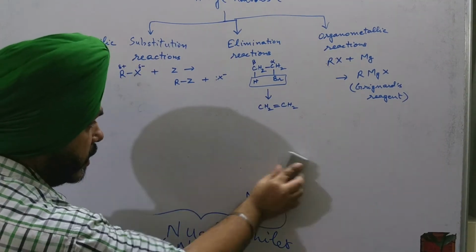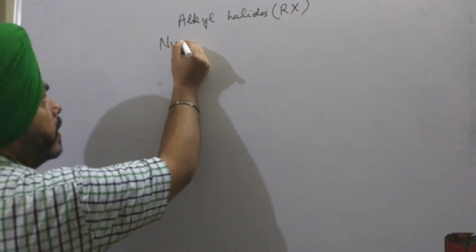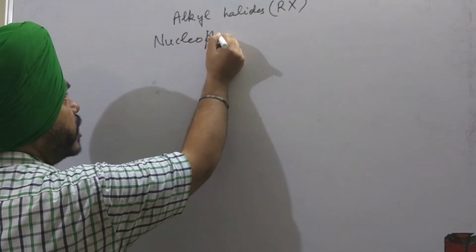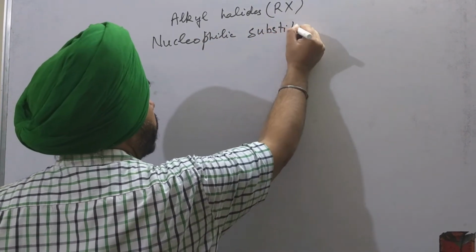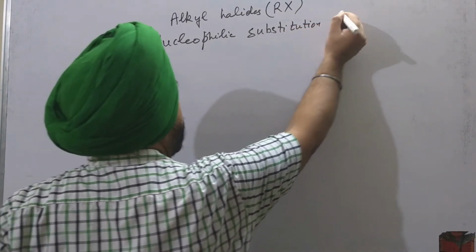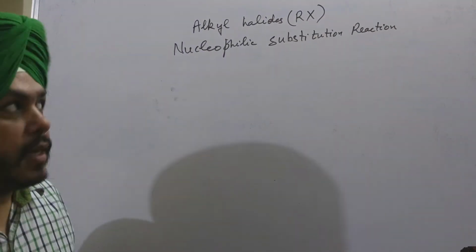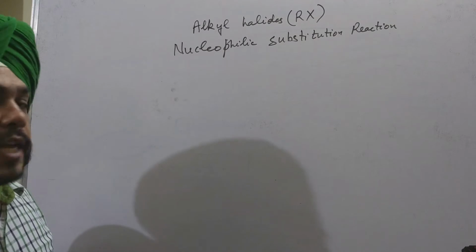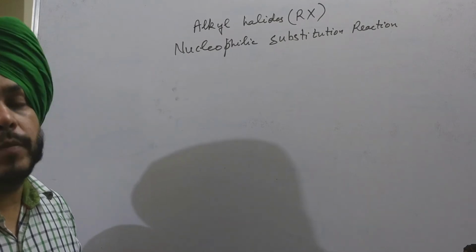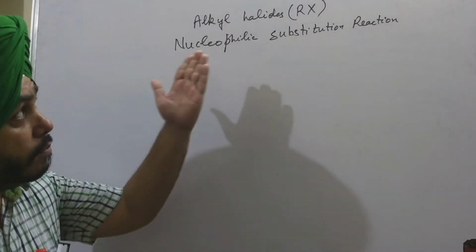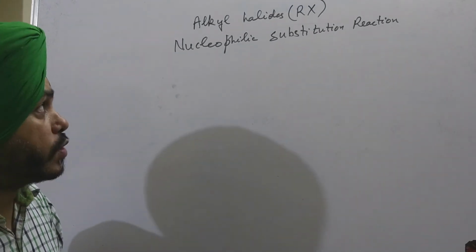So let me tell you about those. As I was talking about, the nucleophilic substitution reaction is a characteristic of alkyl halides. This substitution reaction is sometimes also called nucleophilic aliphatic substitution, because it is only shown by the alkyl halides, that is, aliphatic compounds, not aromatic compounds.